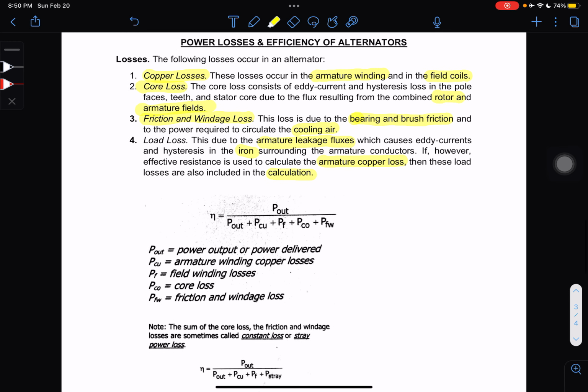So we have here our formula for efficiency. To solve for efficiency, we have P out.